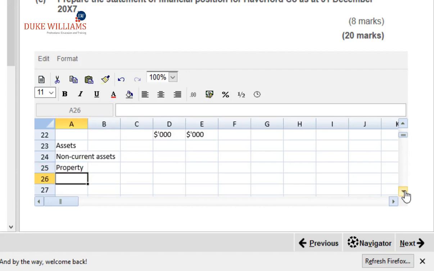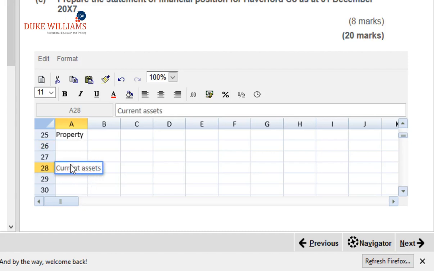Let's see 2 lines for any other non-current assets. So we can say current assets. I see inventories there. I see trade receivables.